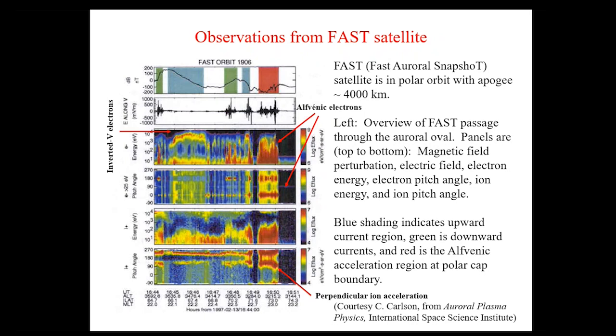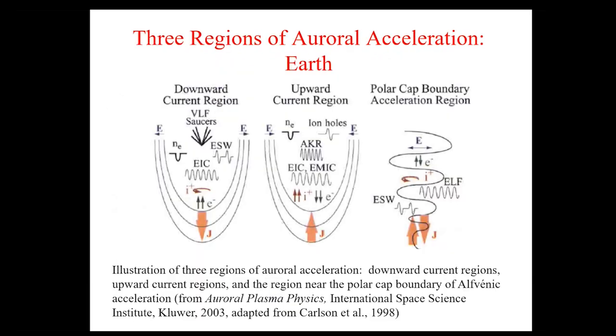So this is the sort of thing that we understand, the canonical example that gives rise to this cartoon, where in the upward current region we have these U-shaped potential structures, a lot of wave structures, kilometric radiation, ion cyclotron waves, upward going ions, and downward accelerated electrons.